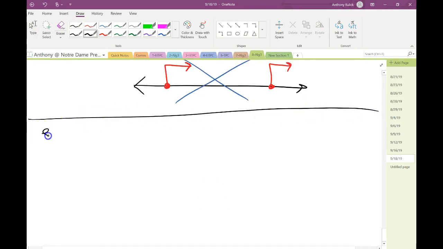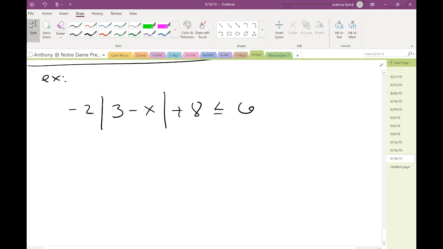Let's do one more example of this. All right, so negative 2 times the absolute value of 3 minus x plus 8 is less than or equal to 6.